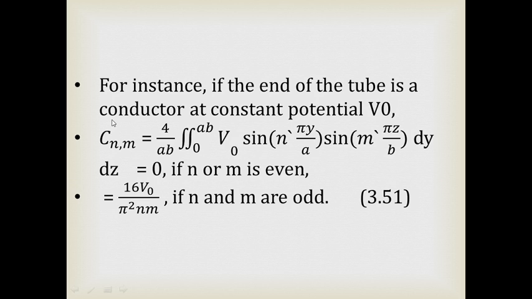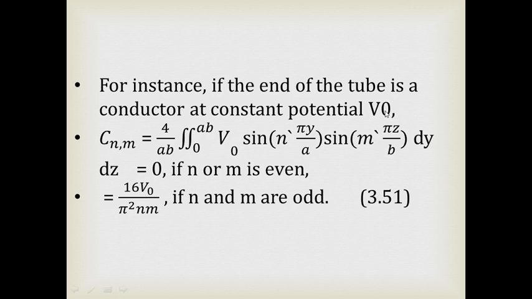Now take a specific case for which v0 of y and z is a constant potential. That may be a metal plate, and if it is a metal plate, the potential is constant over all points and becomes independent of y and z. So we can write v0, a function of y z, is equal to constant potential v0.